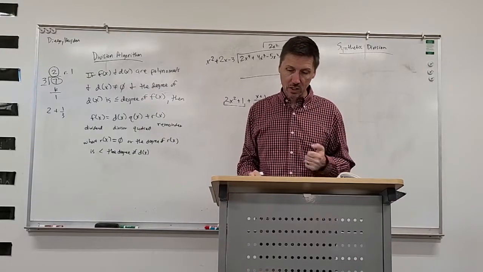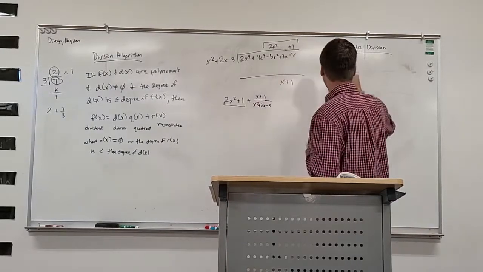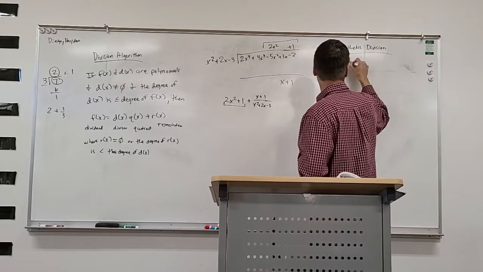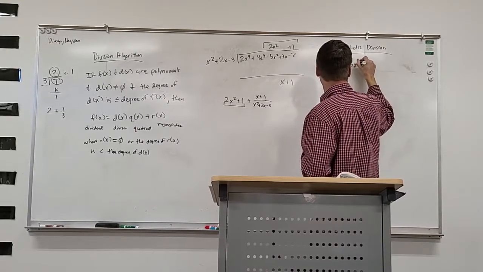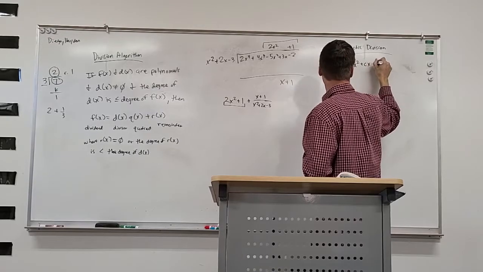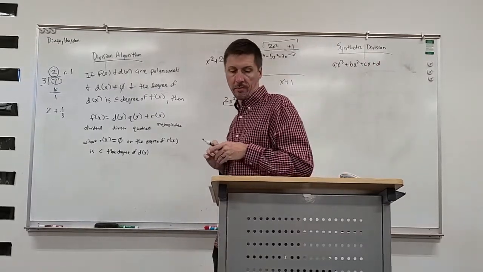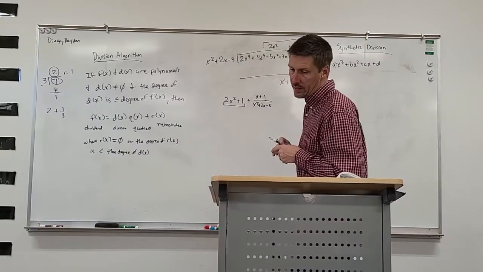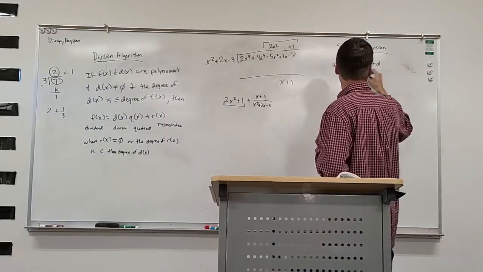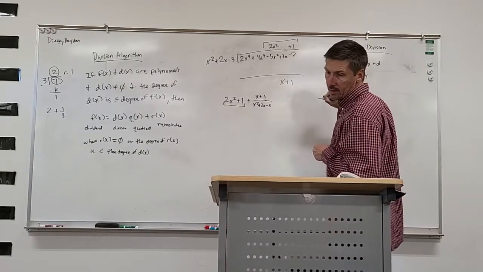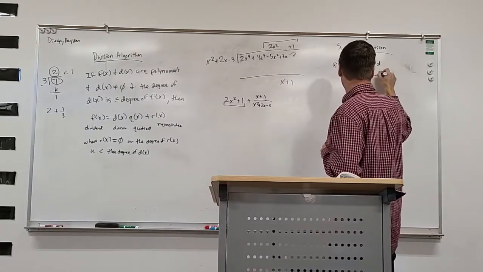All right, so if we have a polynomial, for example, 8x cubed plus bx squared plus cx plus d. So that's a trinomial because the highest power is 3. And we divide by x minus k.